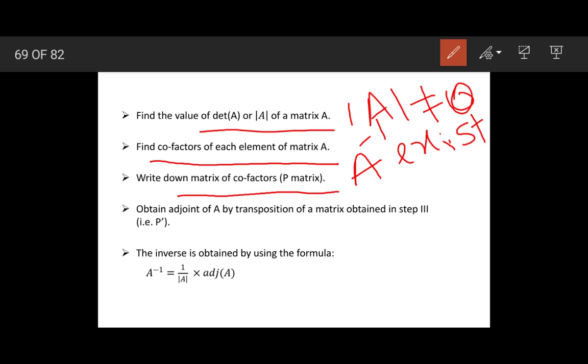In the fourth step we find the transpose of the P matrix. That means we find the adjoint of matrix A.